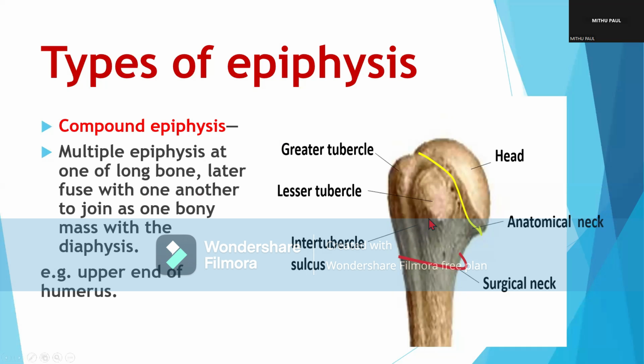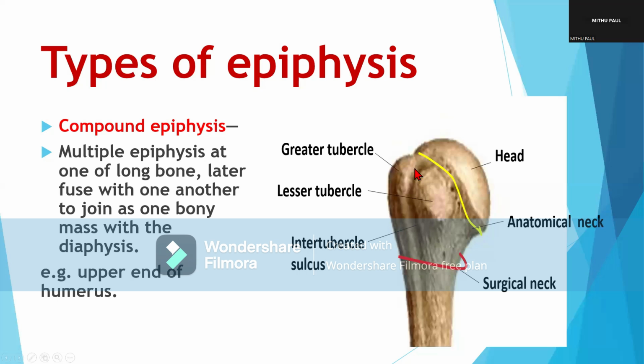But before fusion with the main mass of the shaft of the humerus, they do fuse with one another as a single mass by the age of 6 years and then fuse with the main mass.